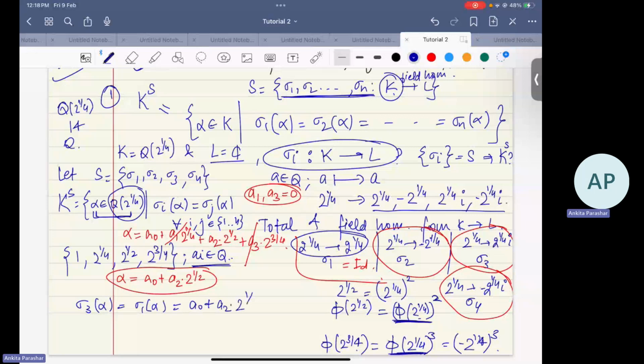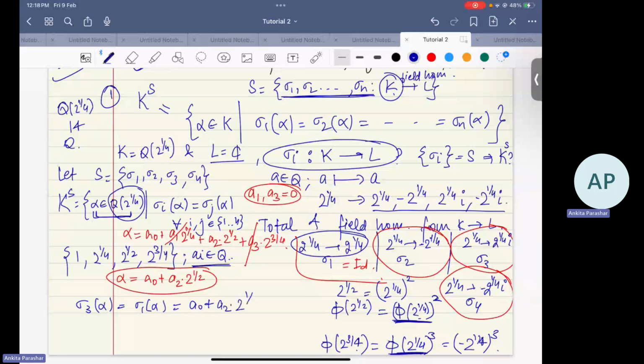Again, I'm just repeating, any alpha which we saw has to be like A0 plus A1 2 power 1 by 4 plus A2 2 power 1 by 2 plus A3 2 power 3 by 4. This is our general element from Q(2 power 1 by 4), looking at the field as a vector space over Q of dimension 4. Now we know that sigma 1 does not change anything. Sigma 1 of alpha will remain as alpha. Let's apply sigma 2.